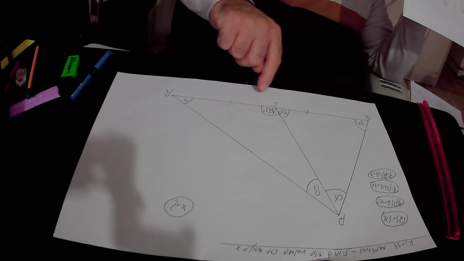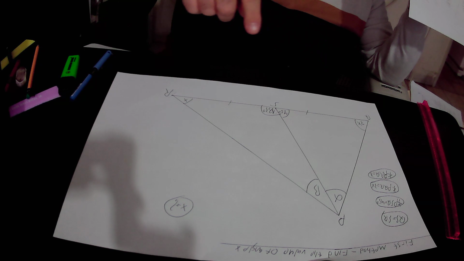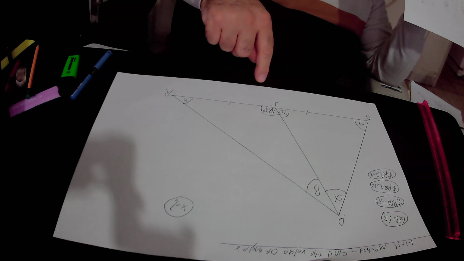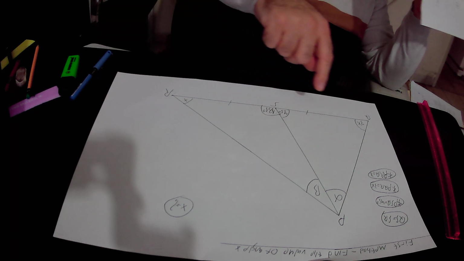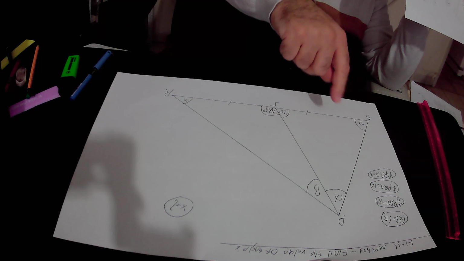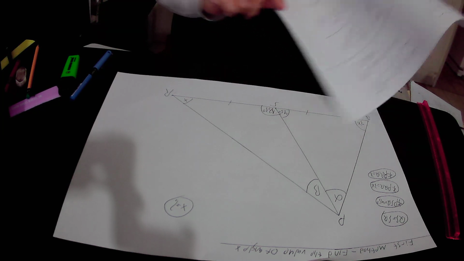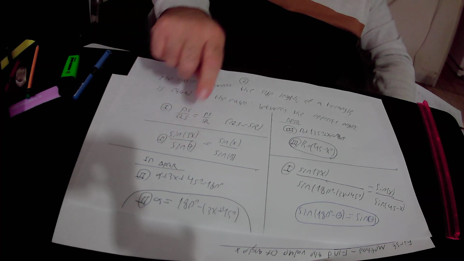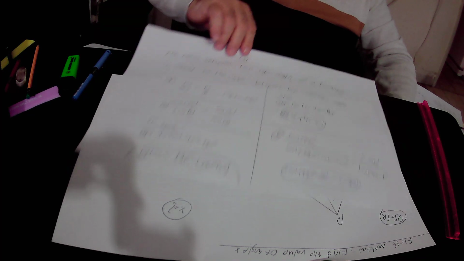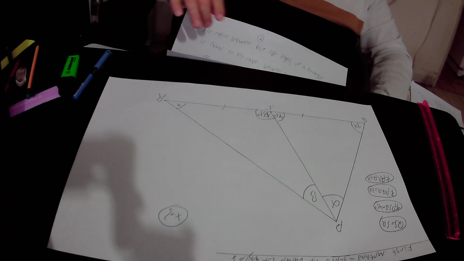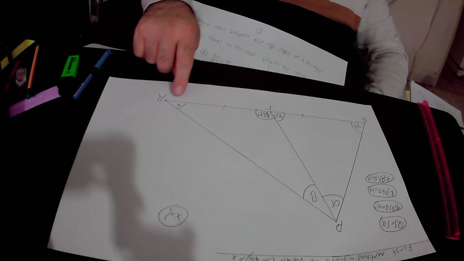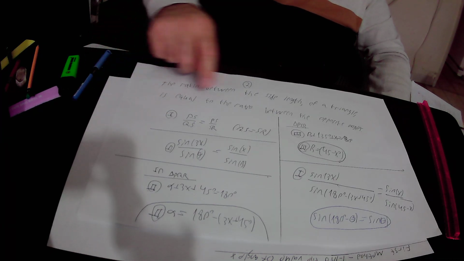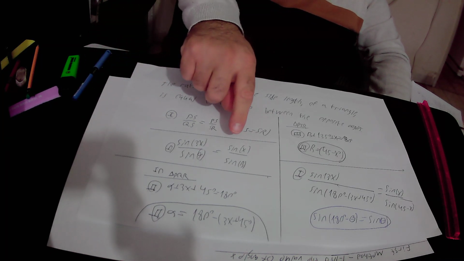PS over QS must be equal to sine 3x over sine alpha, according to the rule that I mentioned. And PS over SR, if we focus on this triangle, must be equal to sine x over sine beta, according to the rule that I mentioned.